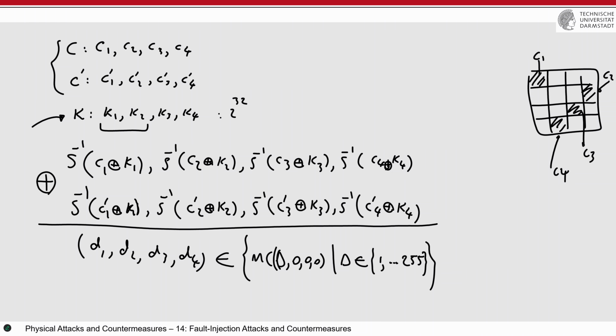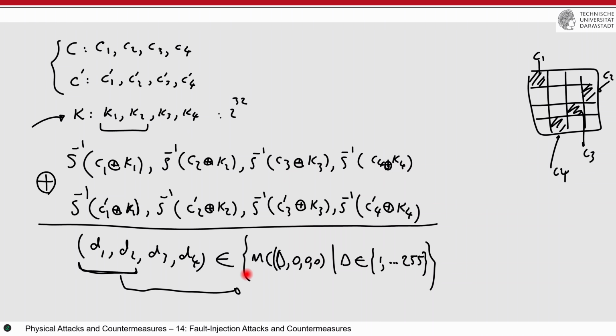And then you only check whether this belongs to the first 2 bytes of this set. Then if you found some of them, you make a group for K1 and K2, and then you add K3, which means you will have 256 cases for K3 and those many candidates which remain for K1 and K2.